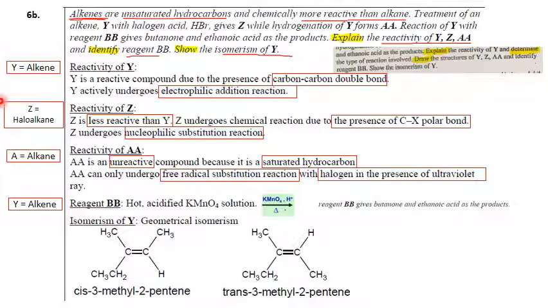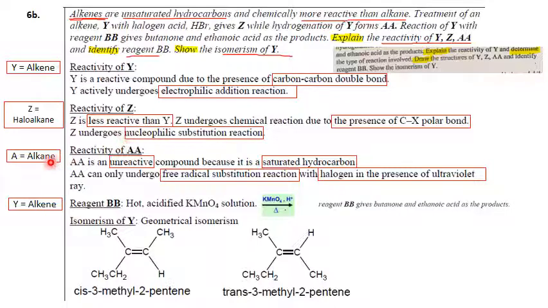So let's check. What is an alkene? It is a reactive compound due to the presence of the carbon double bond. So the type of reaction it undergoes is electrophilic addition. Z is a haloalkane, less reactive than Y but still undergoes chemical reaction because of the presence of the C-X bond, which is a polar bond, and undergoes nucleophilic substitution reaction.